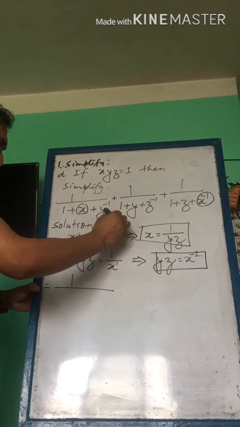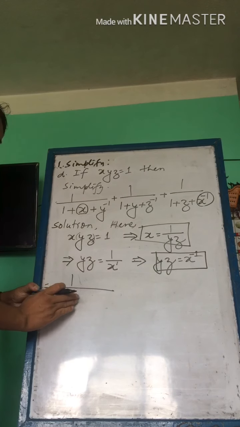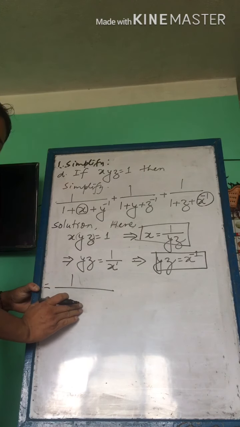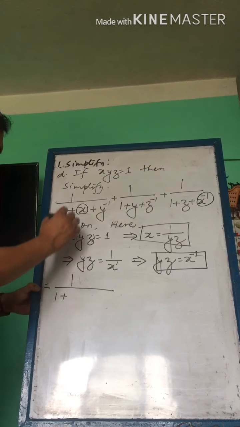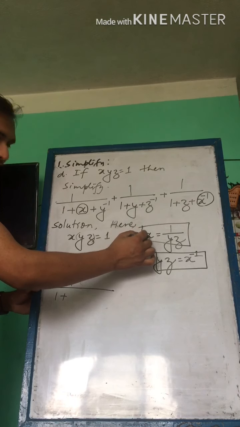While doing the solution, better you write this question first, and then start the solution. But here, due to lack of space, I am not writing this question. I am starting from the next step. Okay, 1 plus x equals how much?